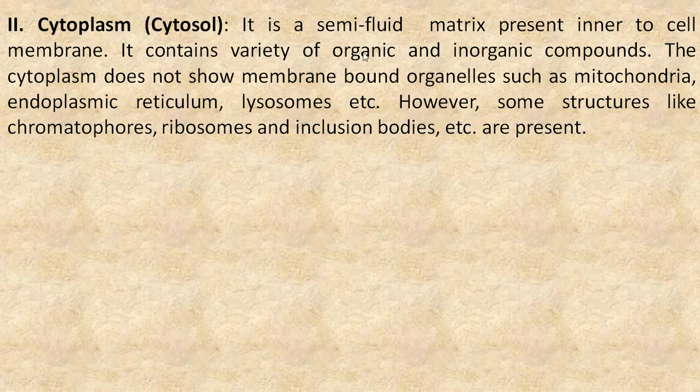It contains a variety of organic and inorganic compounds. The cytoplasm does not show membrane-bound organelles such as mitochondria, endoplasmic reticulum, lysosomes, etc. However, some structures like chromatophores, ribosomes and inclusion bodies, etc. are present.